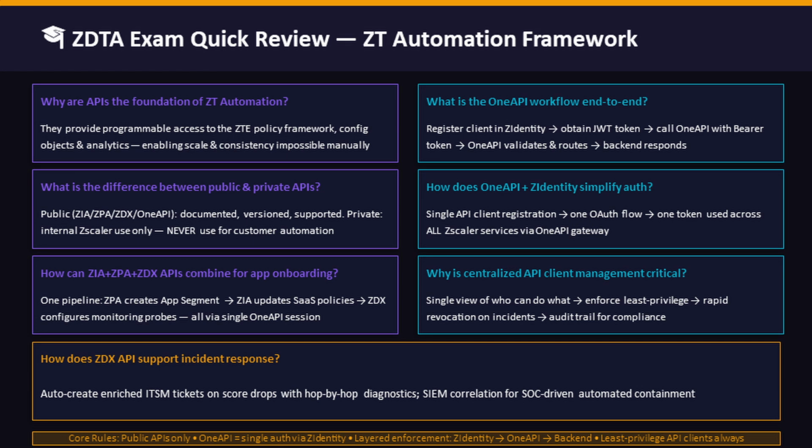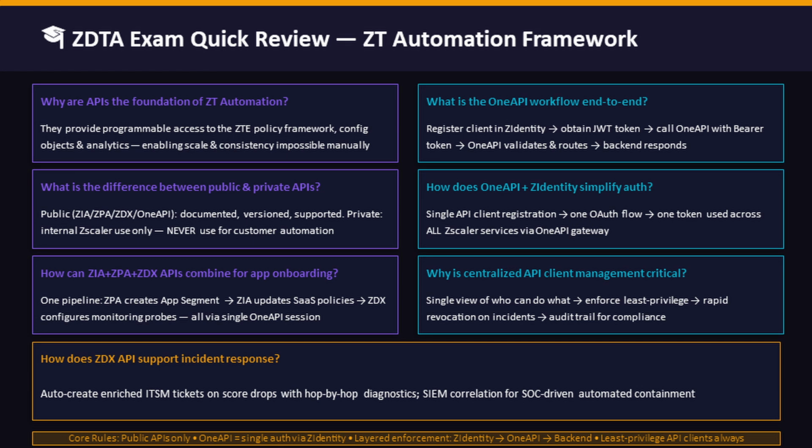3. What is the difference between public and private APIs? Public APIs, ZIA, ZPA, ZDX, One API, are documented, versioned, supported, and have compatibility guarantees. Private APIs are Zscaler's internal implementation details, undocumented for customers, and can change without notice.